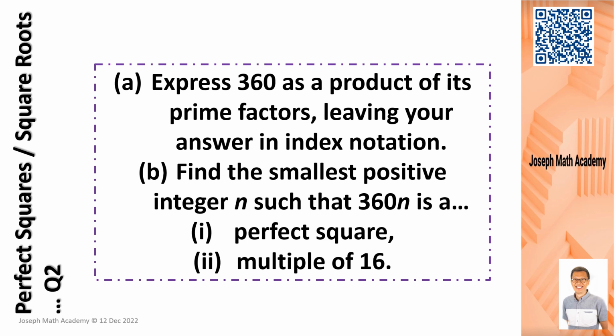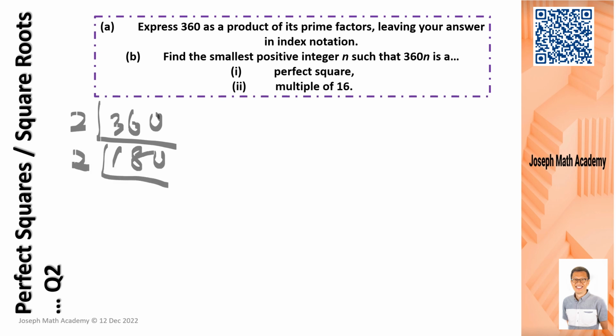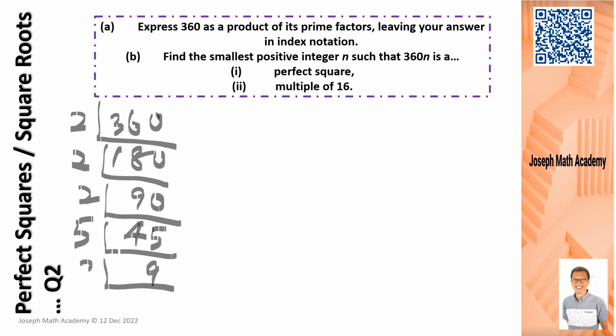Okay, let's do A first. A is easy. Okay, A should not be an issue. So again, we should use our repeated division. Okay, do carefully. We must do this until we arrive at a 1. So this is 5. And finally, we end at a 1.